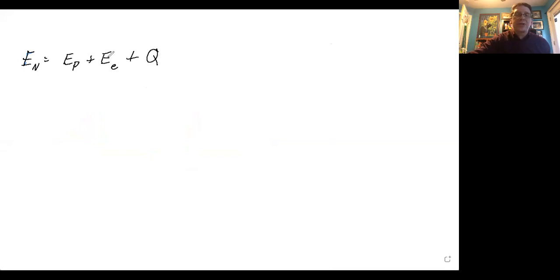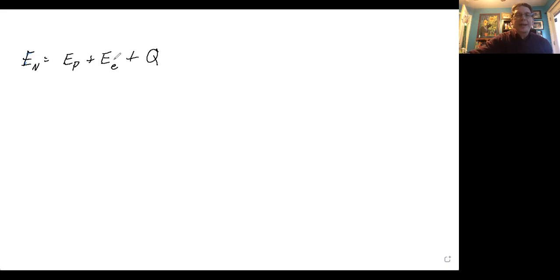Now, this could go into the kinetic energy of these particles, and typically because the electron is a lot less massive than the proton, it will have a much greater kinetic energy as a result. If it has about 1/2000th the mass, it'll wind up having about 2,000 times as much kinetic energy.